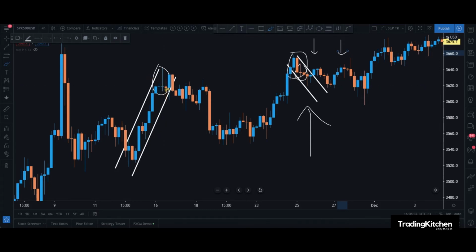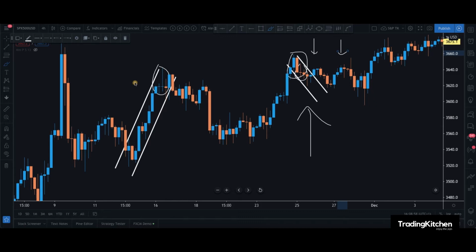Okay, so when you see a Doji, you just have to wonder, okay, if we are in a good area, in a good zone, by which something is going to change.